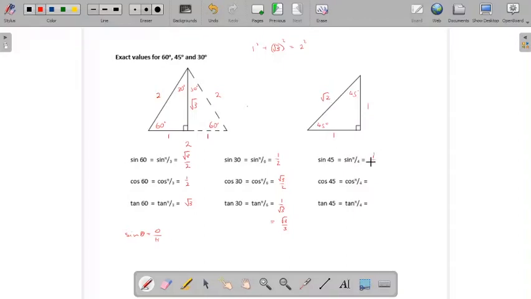That's 1 over root 2, which if we rationalise the denominator is root 2 over 2. Cos of 45 will be exactly the same, adjacent over hypotenuse, so it's also 1 over root 2, or root 2 over 2. And tan of 45, opposite over adjacent, is 1 over 1, or 1. So tan of 45 is 1.